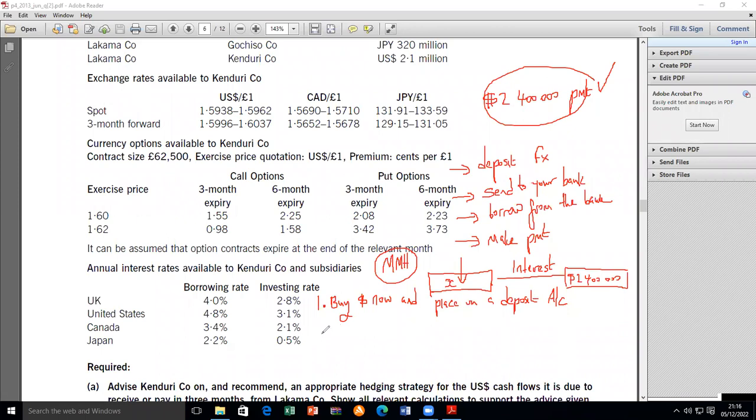And then on the due date, make the payment.